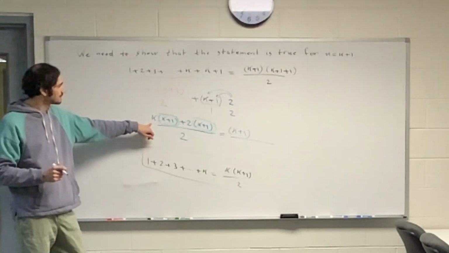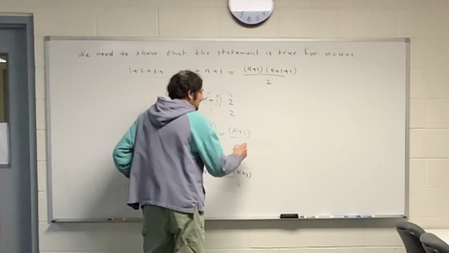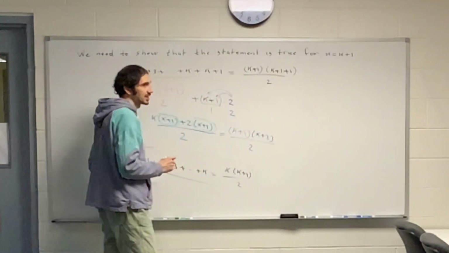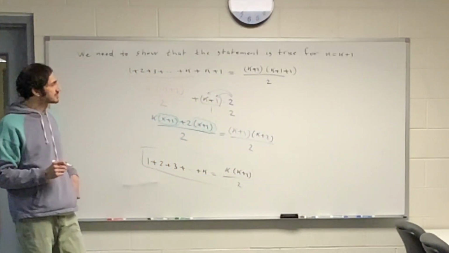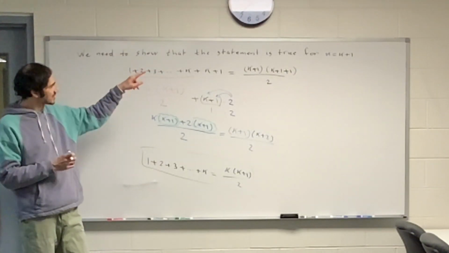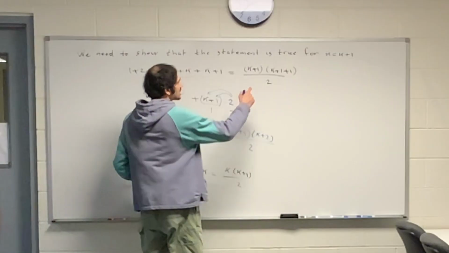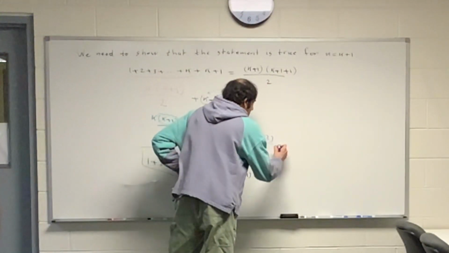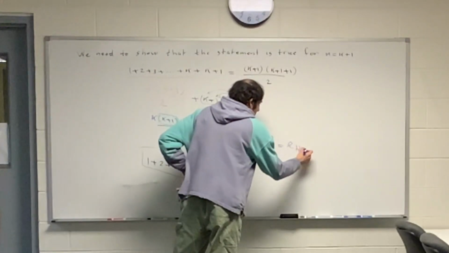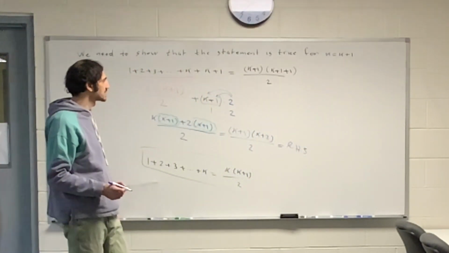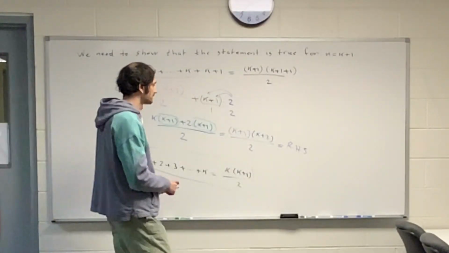I have k plus 2. So I'm going to put them inside parentheses here. And look down here at what I have: 2. Now let me check with above. Notice that the right hand side, which is k plus 1, is already there. K plus 1, which is already here, divided by 2, is exactly the right hand side I'm looking for. Which means I already verified the induction step.